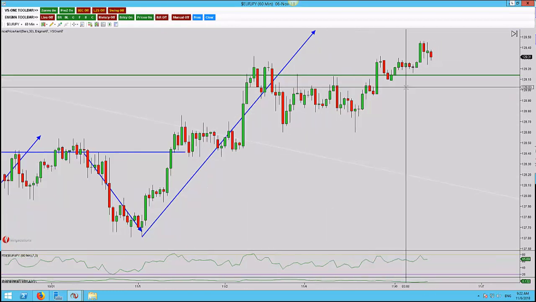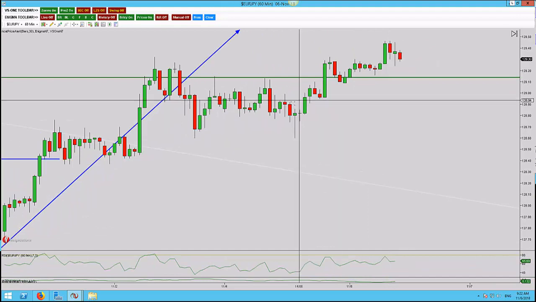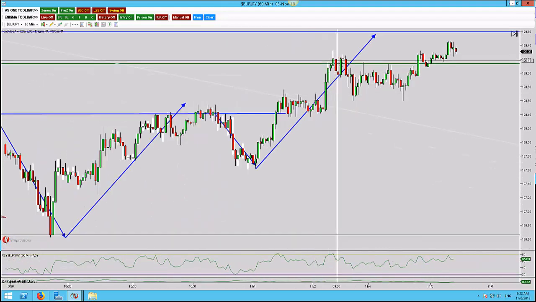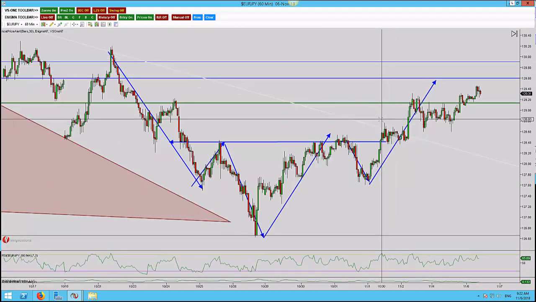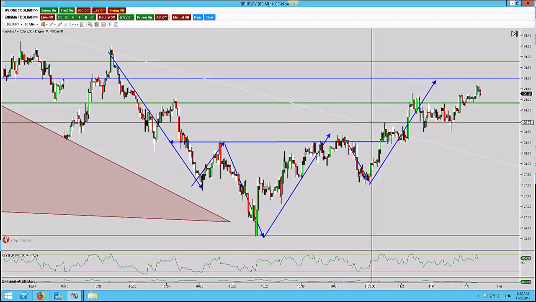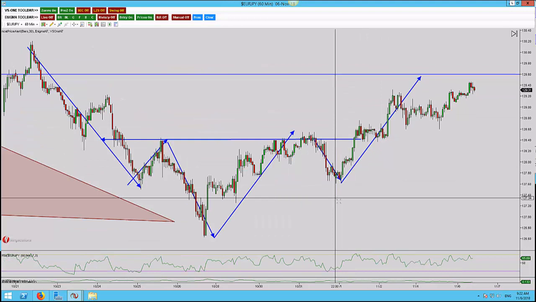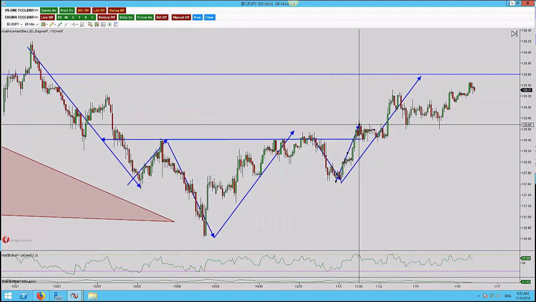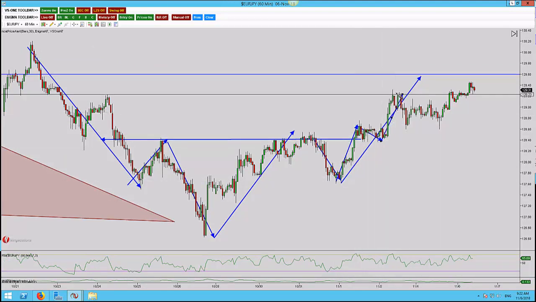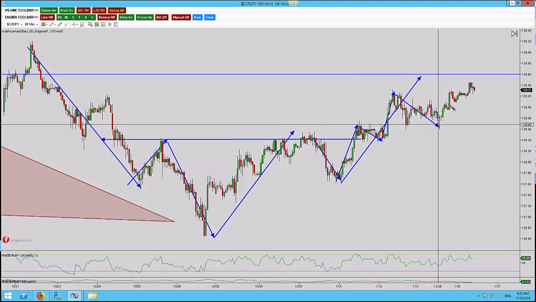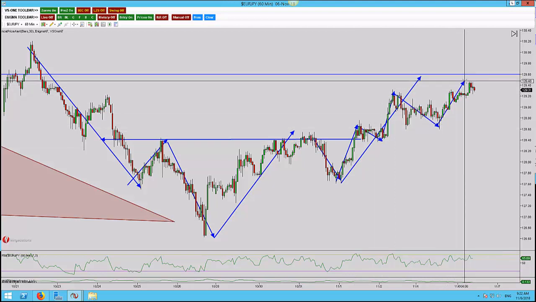Okay, here we had, what's the best way to explain this? Let's remove that off for a moment. Yeah, this is all over the place, but basically new high, outside return, new high, outside return, new high.